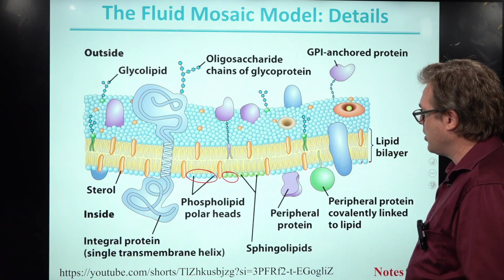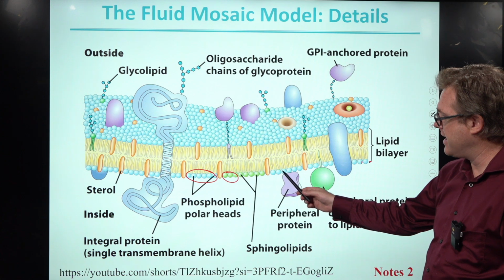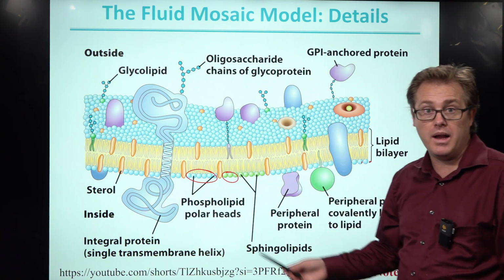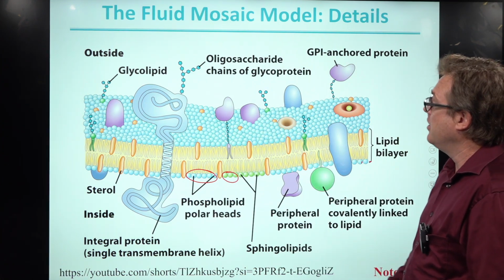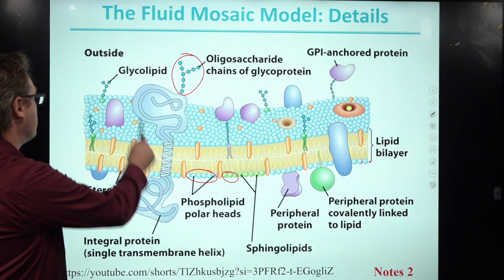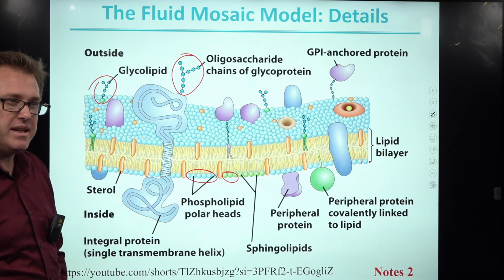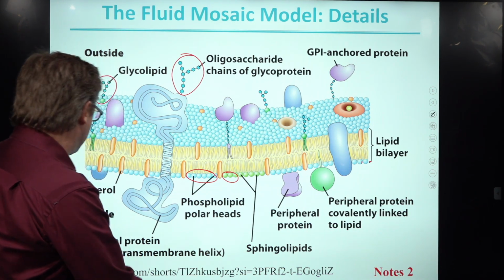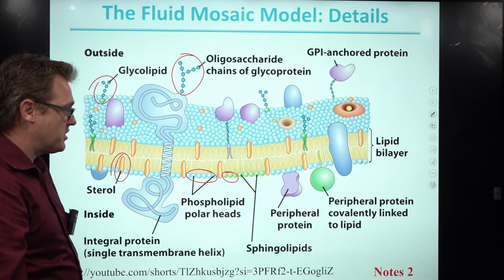Okay, and then we're going to have peripheral proteins that are just associating to one of the leaflets. We see here we have some sugars attached to the proteins. We have sugars attached to the lipids. Like we have the sterols, which is basically cholesterol.